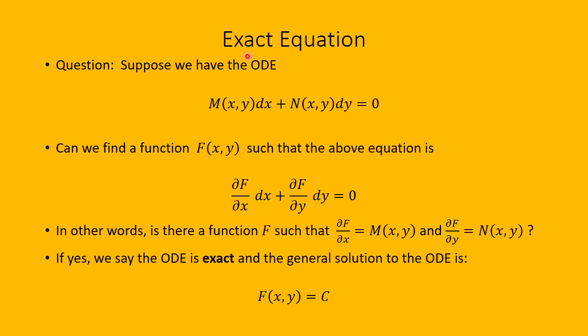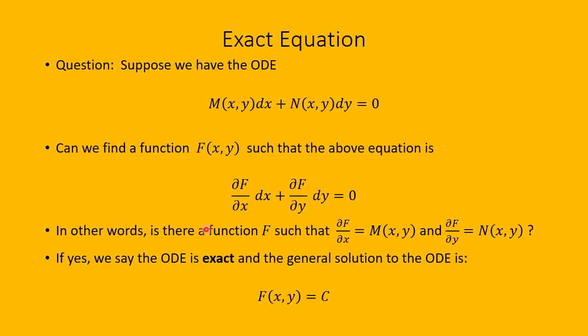So now let's get a definition of an exact equation. Consider the ordinary differential equation M of x,y times dx plus N of x,y times dy equals 0. And let's ask the question, can we find a function capital F of x,y such that the above equation is the partial derivative of f with respect to x dx plus the partial derivative of f with respect to y dy equals 0?